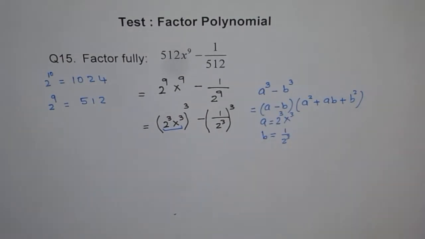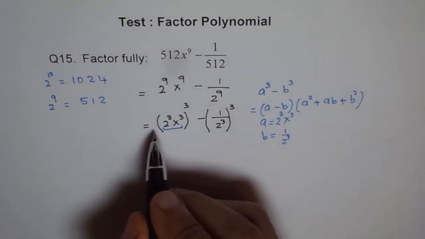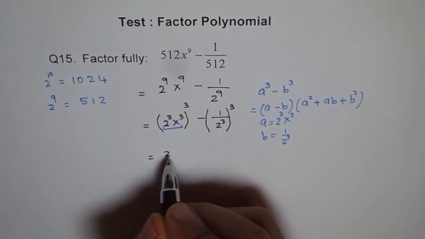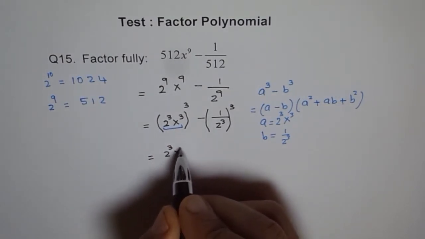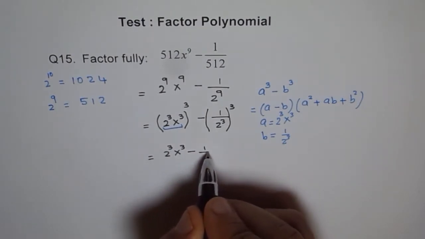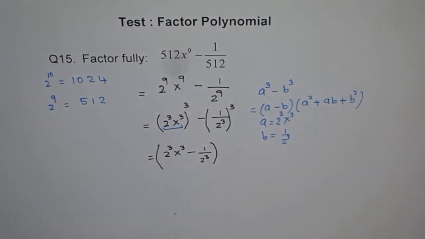So we'll use this formula and see what we get. So we can write this as equal to a minus b, that is a is this term, right? So it is 2 cube x cube minus b, which is 1 over 2 cube. So that's my a minus b, right?